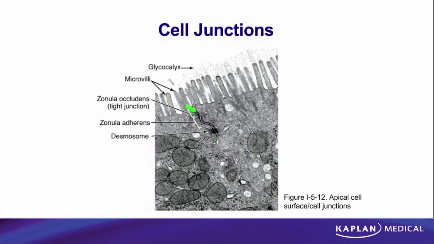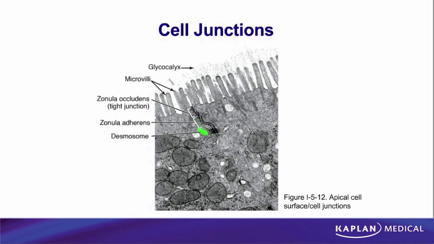So here we see a zonula occludens, and just below that we see a zonula adherens. We recognize these regions by the membrane densities associated with those complexes. We see this thickening of the cell membrane at those barrier junctions. Again, closer to the lumen, zonula occludens, further from the lumen, zonula adherens.